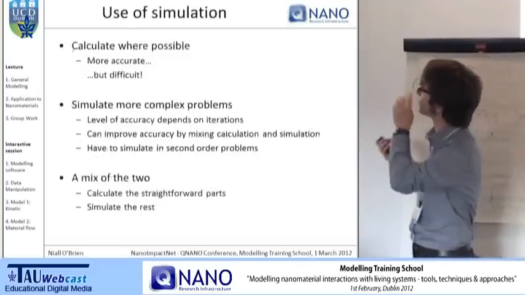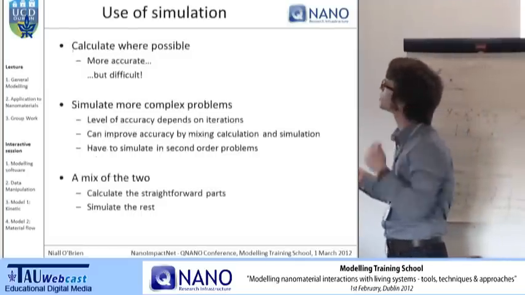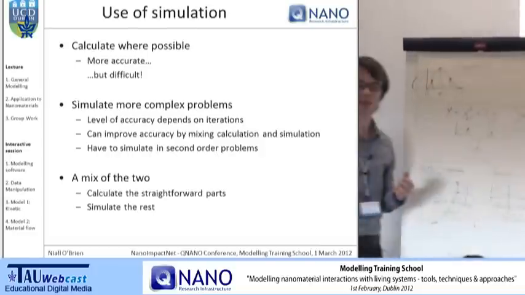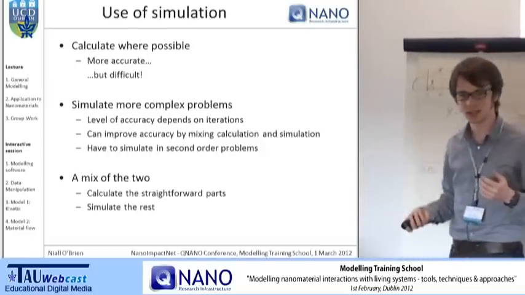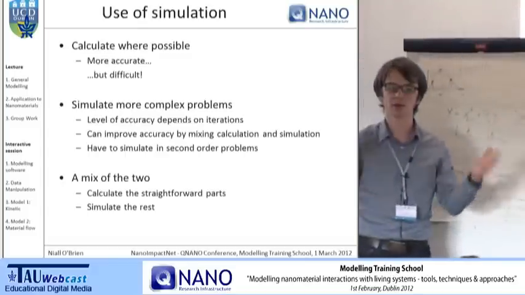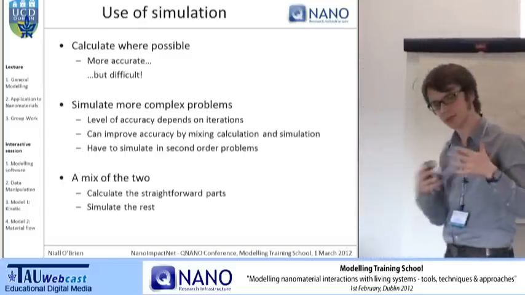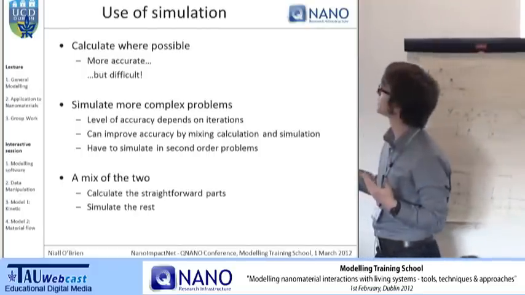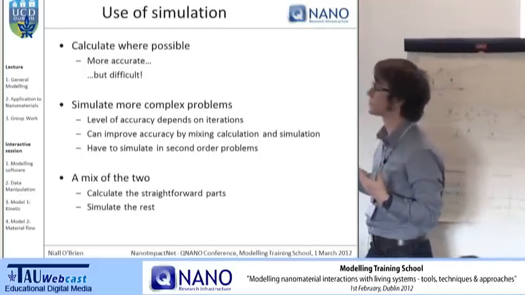So, again, when we talk about simulation, we should calculate where possible. As I said, if you have first order rates, with a constant, we can calculate these things. But again, for more complex problems, second order, where different elements interact with each other and have an influence on the outcome, we need to simulate these things. The level of accuracy depends on iterations.